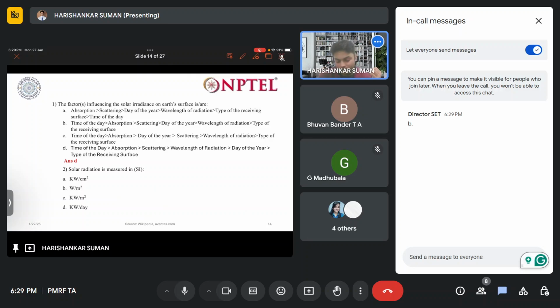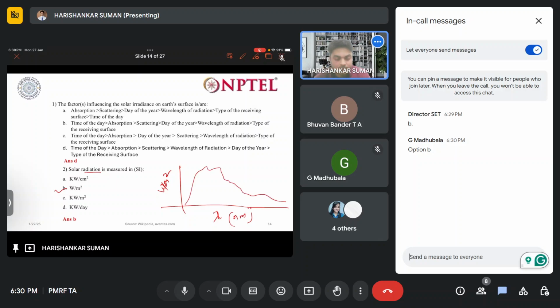Okay. So answer B is correct. Let me show you. This is the SI unit for radiation. We have already seen in the curve watt per meter square with respect to wavelength in nanometer, like that is the spectrum.